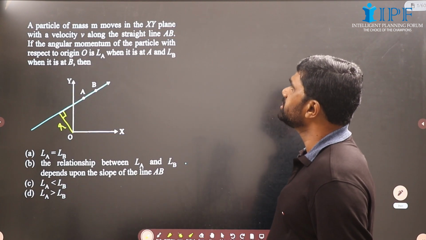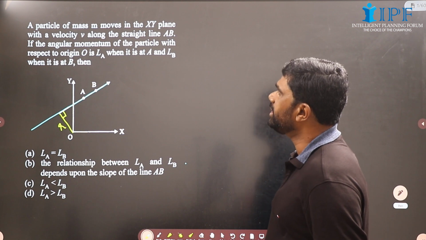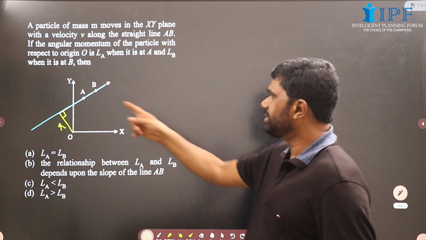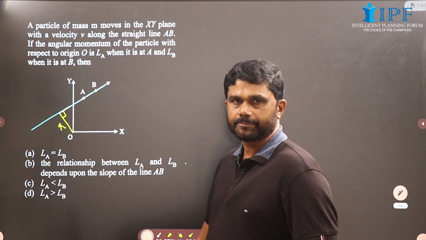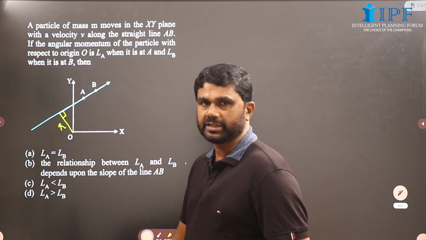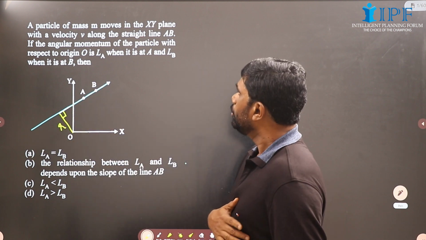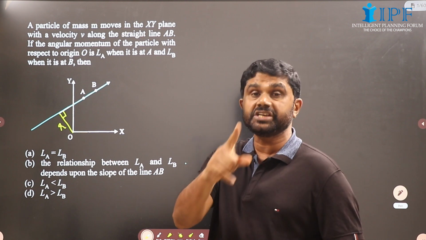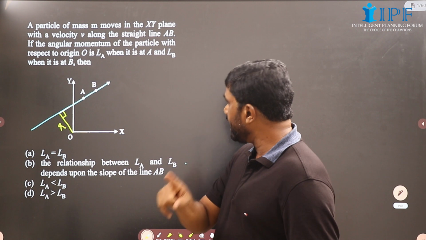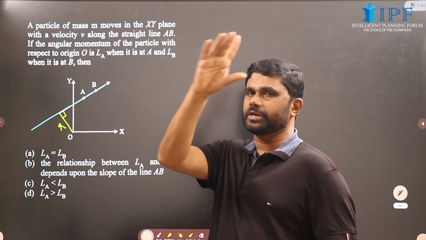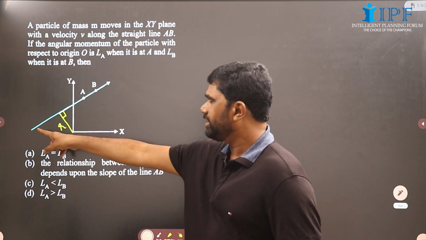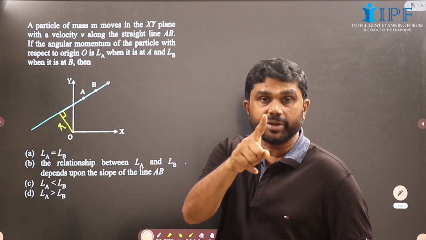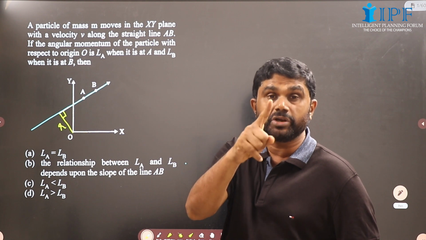A particle of mass m moves in the xy plane with velocity v along the straight line AB. See, here is the point A and here is the point B. This is the straight line AB and the particle is moving along that line. If the angular momentum of the particle with respect to origin O is L_A when it is at A and L_B when it is at B, then when the particle is moving along this line, angular momentum is linear momentum into lever arm.